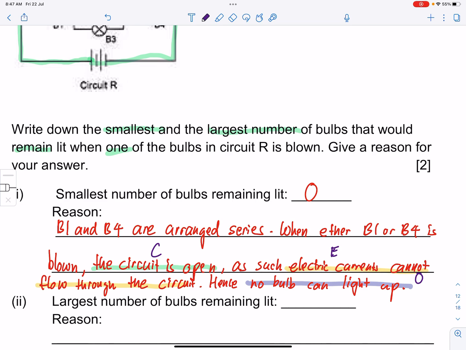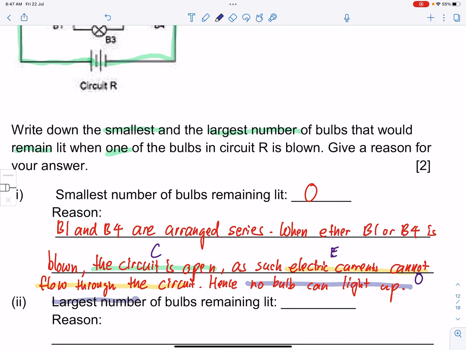So then after that, they ask you what is the largest number. So you think about it in a logical manner. If it's the largest number, I have to get rid of one bulb that is on the parallel lines, such that it does not affect my current flowing in one complete circuit.